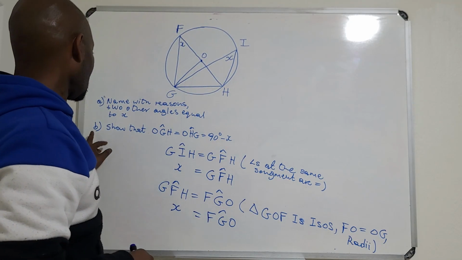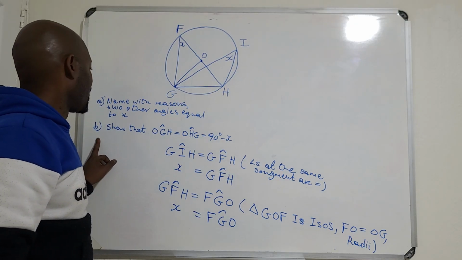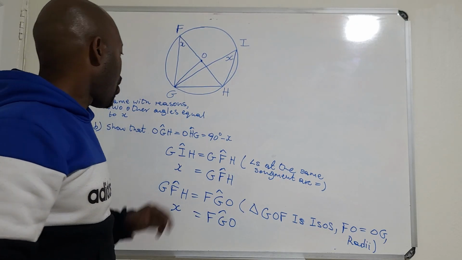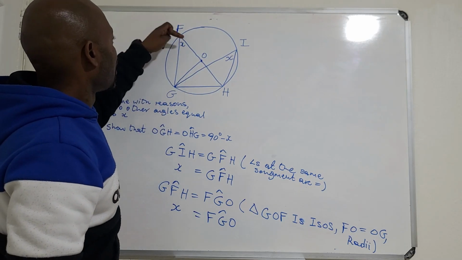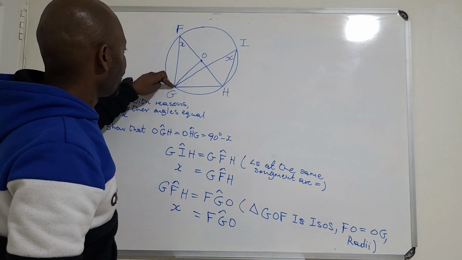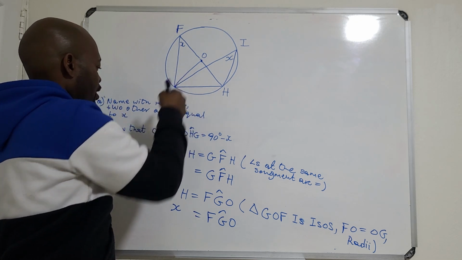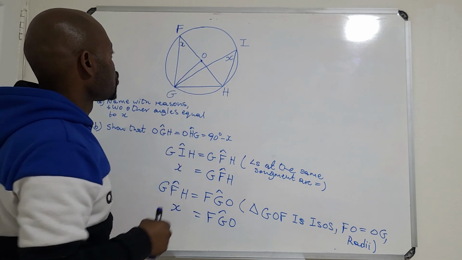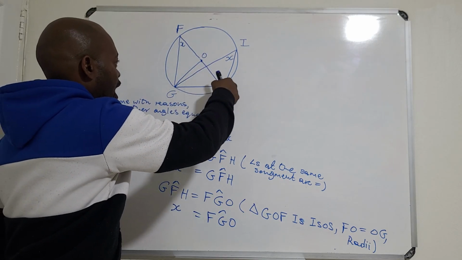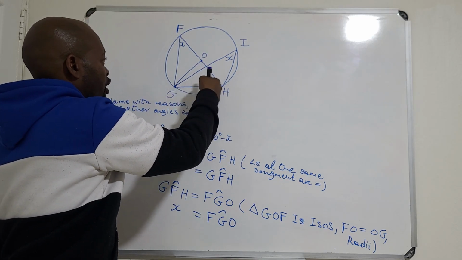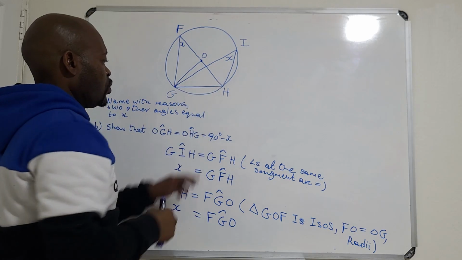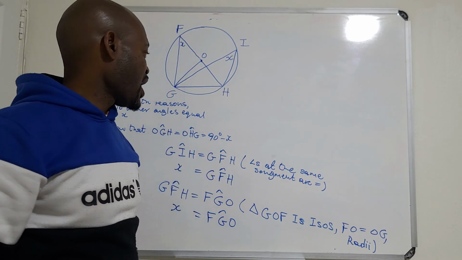Now, B. Show that angle OGH is equal to angle OHG, which is equal to 90 minus x.